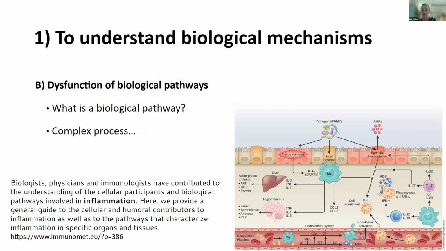And that involves many types of molecules, from proteins, from bacterial signaling, from cell counts. So this is just to show you the complexity of how to measure the dysfunction of biological pathways, providing more evidence that we need multi-omic layers to measure this.